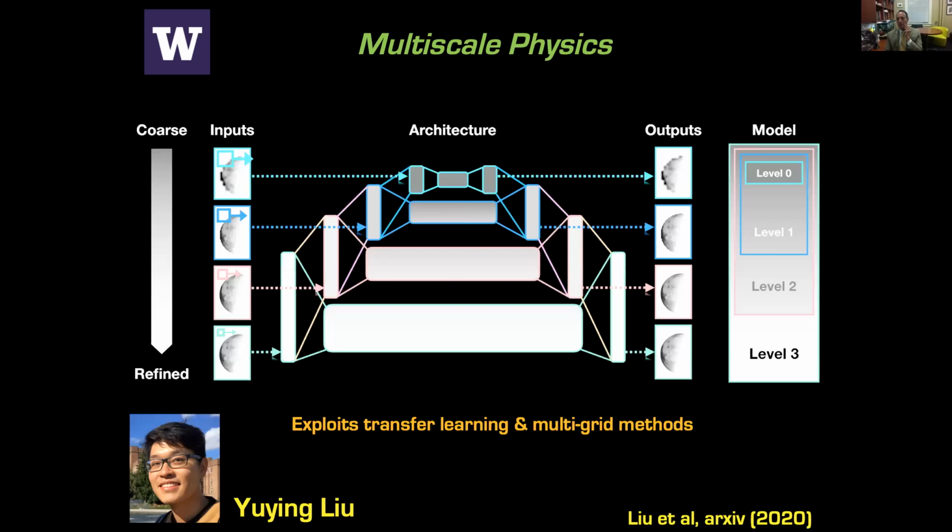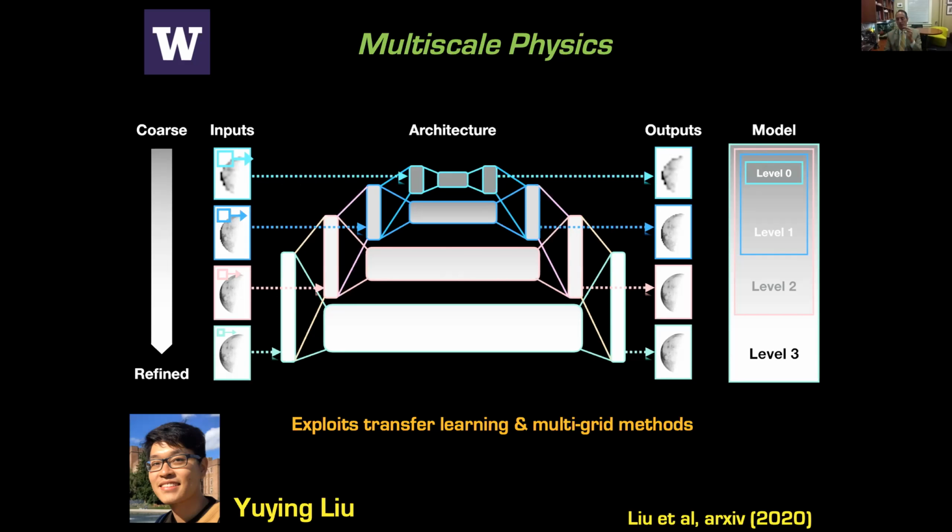You can also think about multiscale physics systems. This is about training neural networks that have hierarchical architectures where you learn coarse-grained features and then you refine them where you need, much like you would with multi-grid. This exploits transfer learning and multi-grid methods together in a neural network architecture.